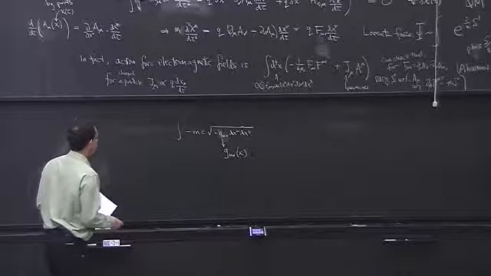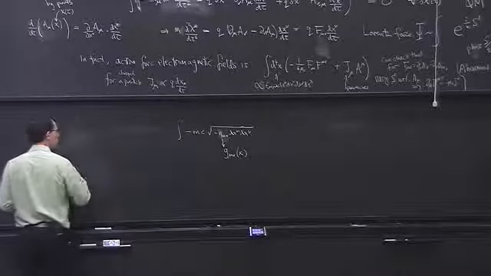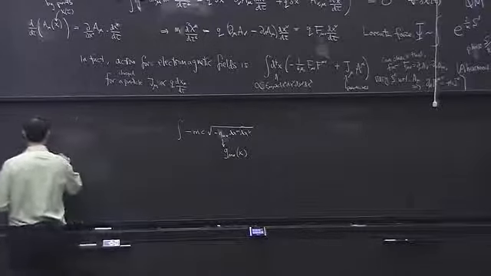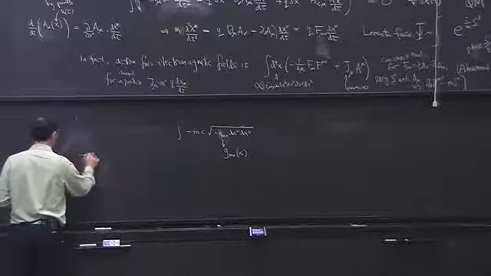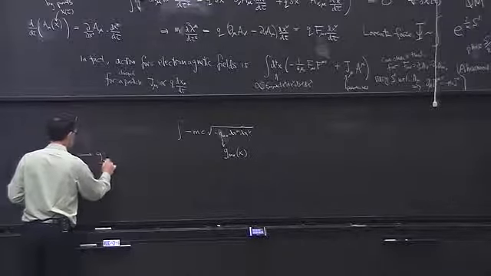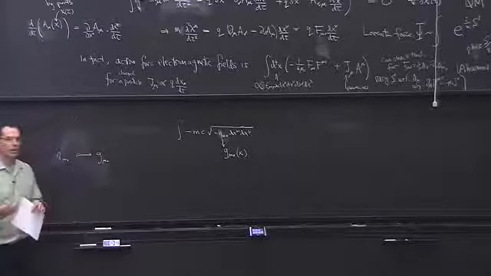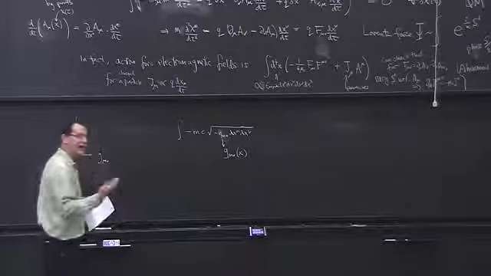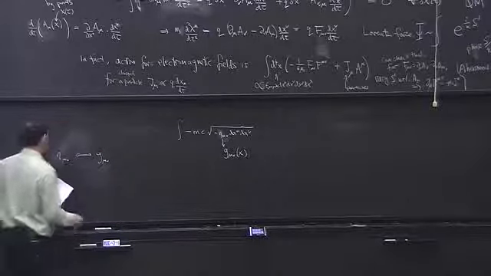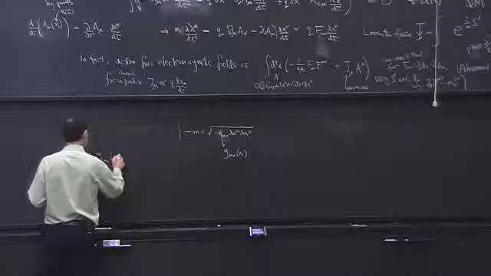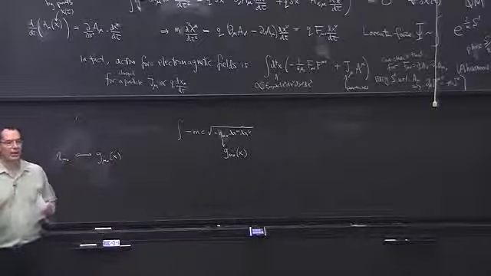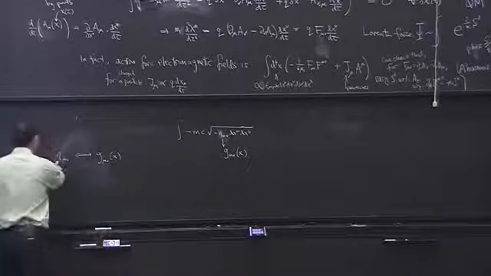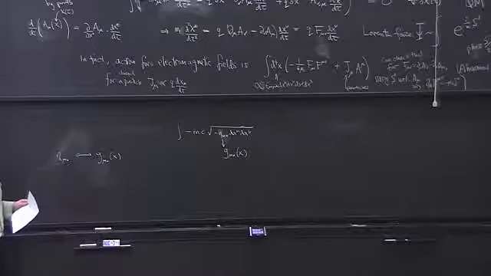So let's understand this. We want to think of eta mu nu as a special case of a matrix we're going to use to measure lengths in space-time. The difference is that this g mu nu is going to be allowed to depend on x. It'll be different in different places in space-time, whereas eta was a constant matrix.